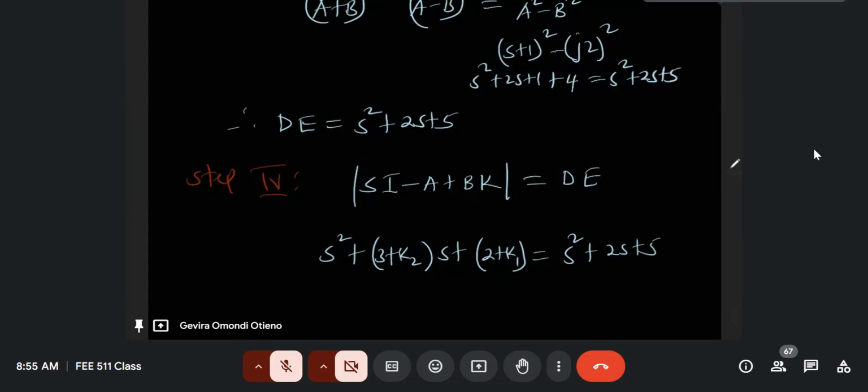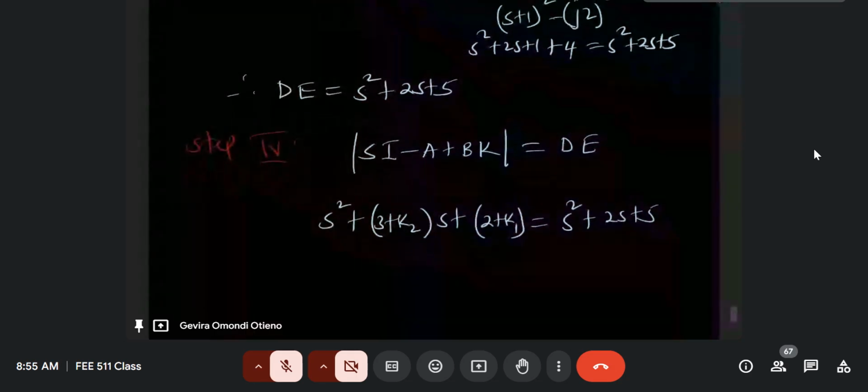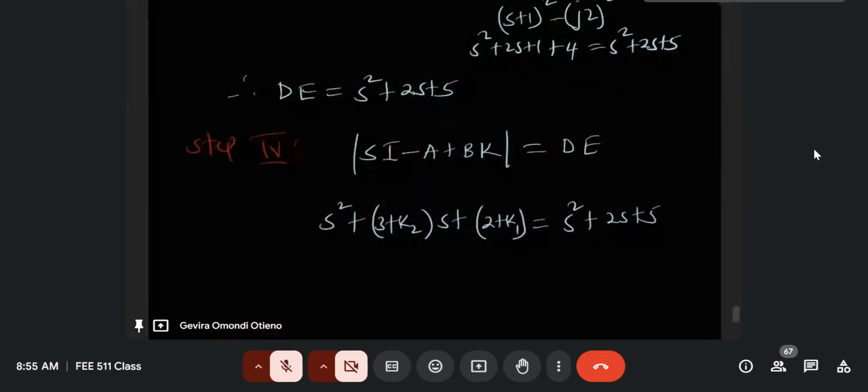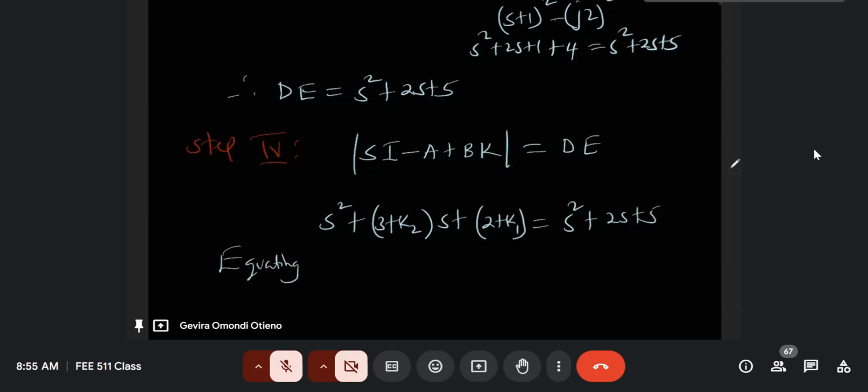Okay? So once we have it like that, it means that we can match the coefficients on the left-hand side, equating coefficients of s and constant on both sides.